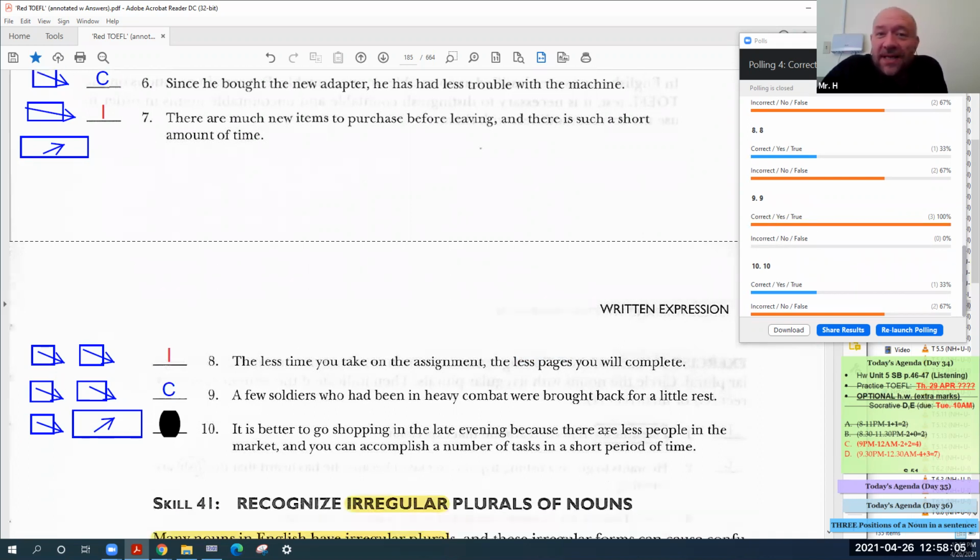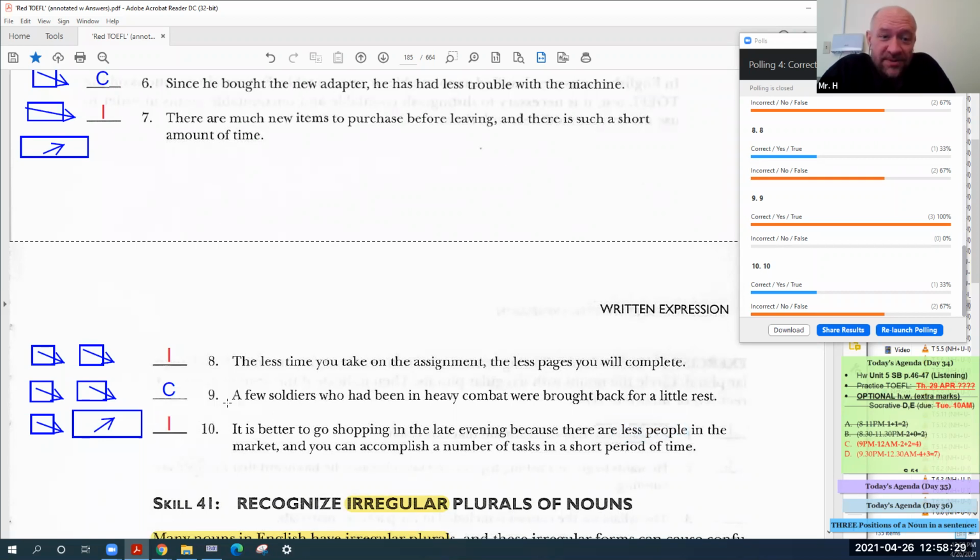It is better to go shopping late in the evening because there are less people in the market. Now, in spoken English, you can hear people say this. But in TOEFL, you lose marks.